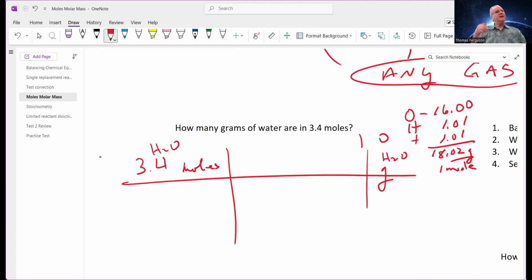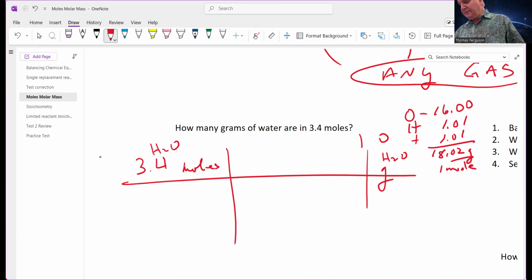Now we're going to start putting the chemical above the number, because when we start having a chemical reaction, we have to compensate for what's going on in the reaction. We have to know what's starting and what's changing. Okay, so do we know a conversion factor that has grams and moles in it? Molar mass, grams per mole.